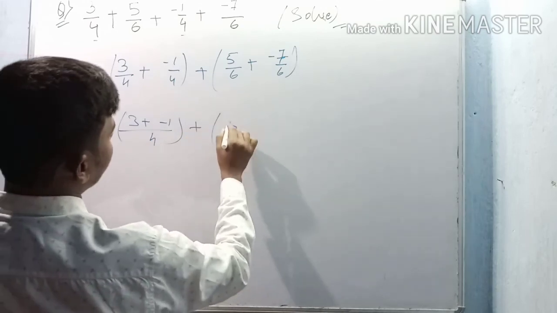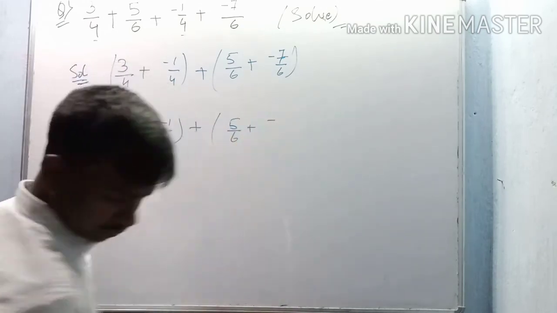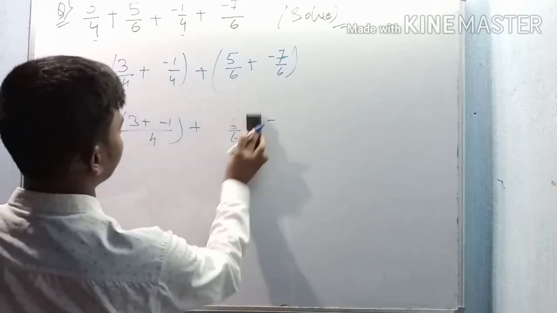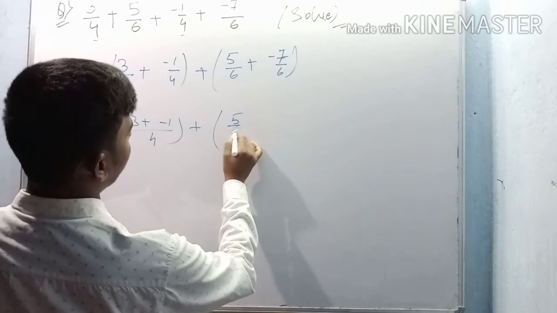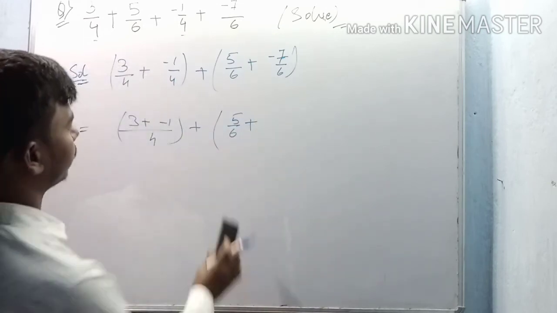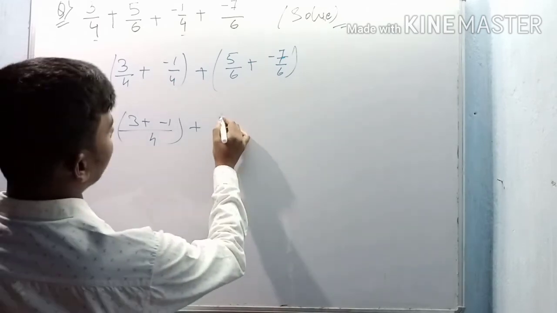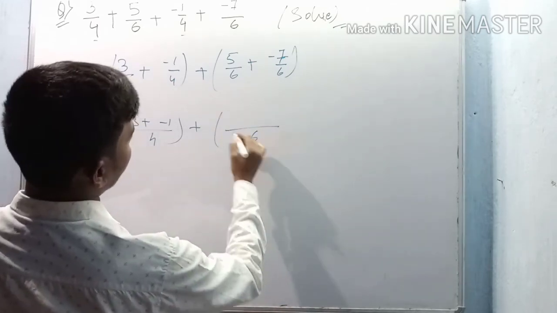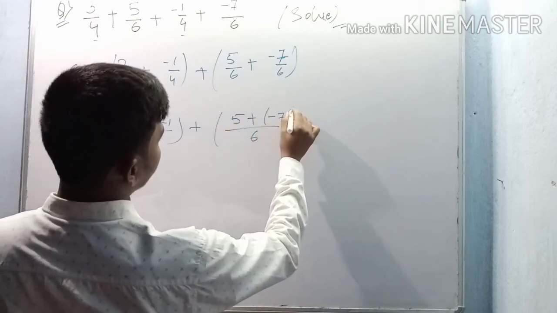And with 6 as the denominator: 5 plus minus 7.